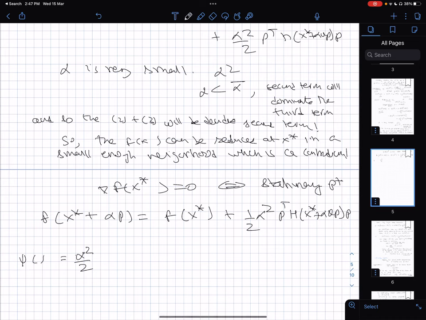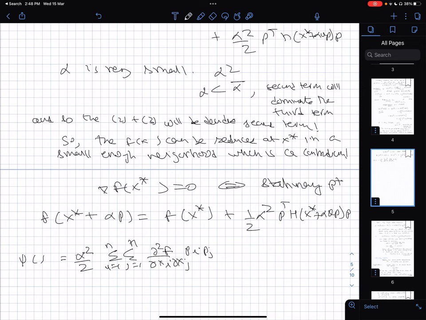We'll see that, sigma i equal to 1 to n, j equal to 1 to n, del square f x_i x_j p_i p_j. And the p directions I have already fixed. Now whatever choice I am doing.